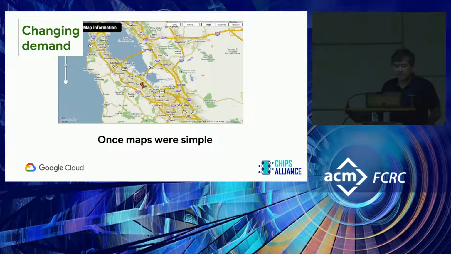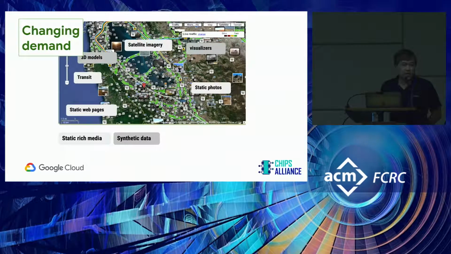Here's another example, right? Maps. This used to be very simple. It used to be just an image of something you'd get out of a paper atlas, with a little red pinprick of the place that you asked for. It has since grown in terms of the metadata and the information that's provided, right? Satellite imagery is now layered on top of it. There are photos, there are street view photos.